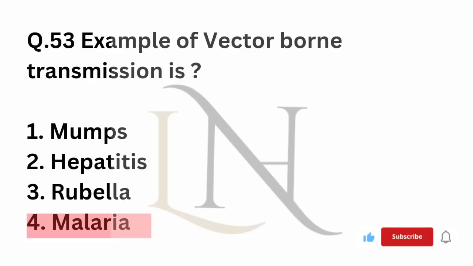I will tell you an easy trick for remembering: KFC MDJ. K means Kala Azar, F means filaria, C means chikungunya, M means malaria, D means dengue and J means Japanese encephalitis. Move to next MCQ.